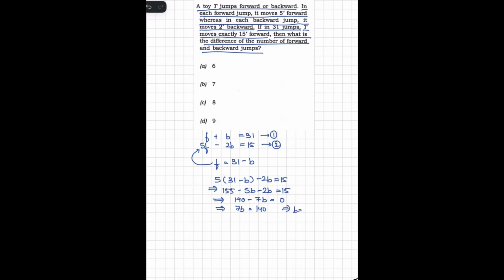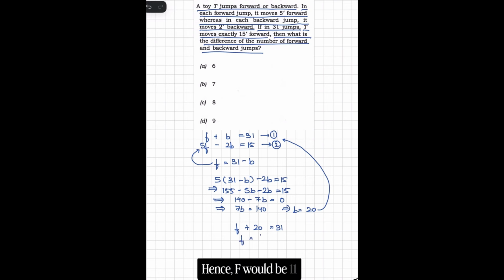B is equal to 20. Substituting this value in equation 1, we get F plus 20 is equal to 31. Hence, F would be 11.